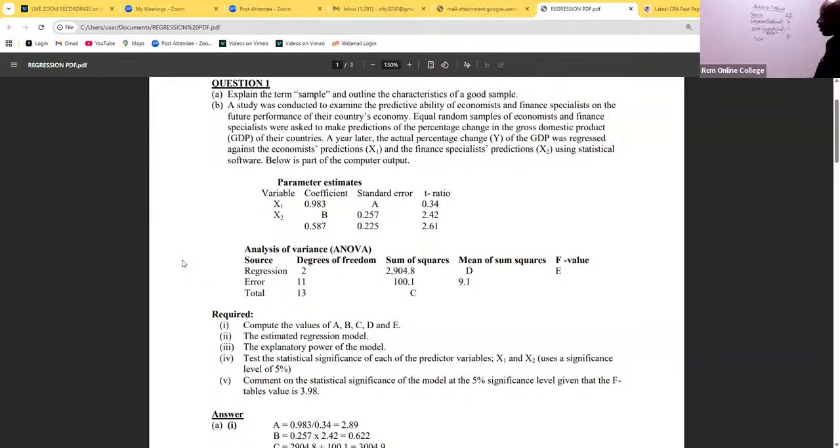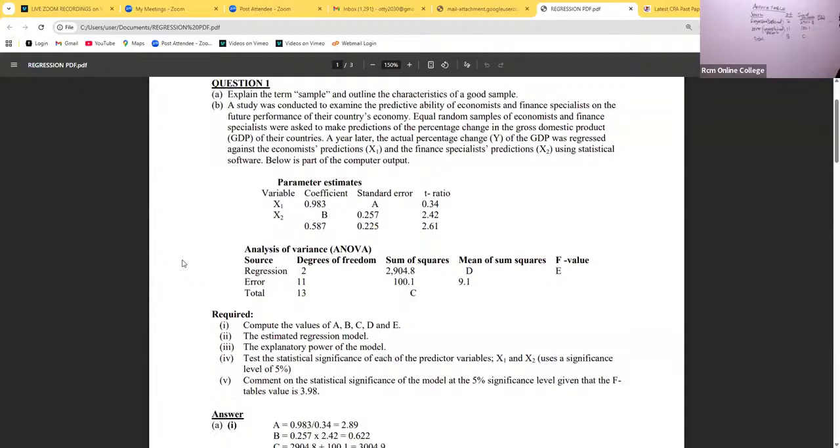And then we have what they're calling sum of squares. What do we have here? 2904.8, 100.1, and C. And then we have what we are calling mean sum of squares, MSS.